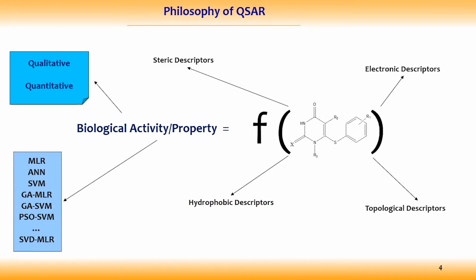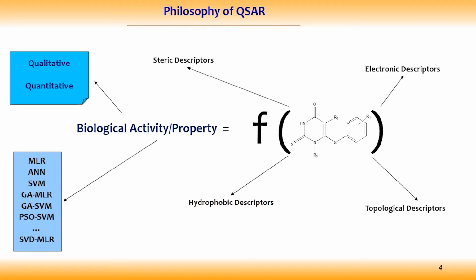The philosophy of quantitative structure activity relationship is to correlate the activity or the property with the physicochemical properties of certain organic compounds, in order to quantify or classify them by using different machine learning techniques.